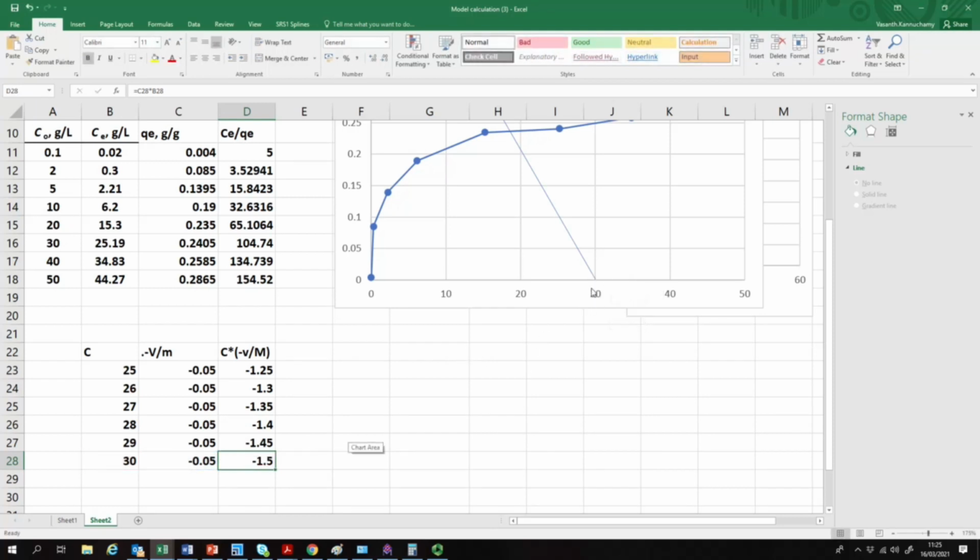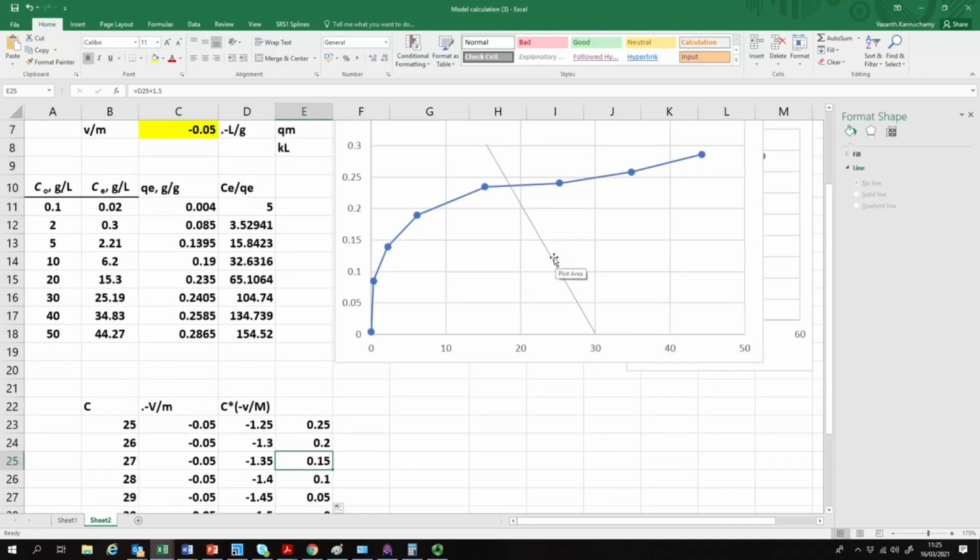Your y value will be 0, x value will be 30, and that will be exactly at this particular point. So let's do that, plus 1.5, and then we do it for the rest of the column. For this value, plus 1.5; minus 1.325 plus 1.5 is 0.15, and so on.